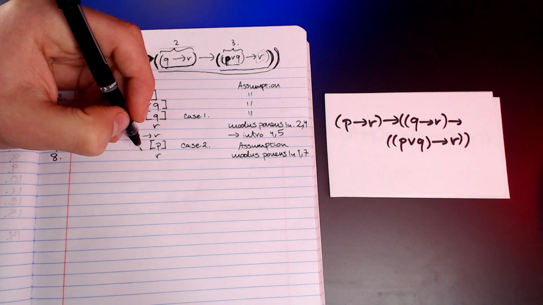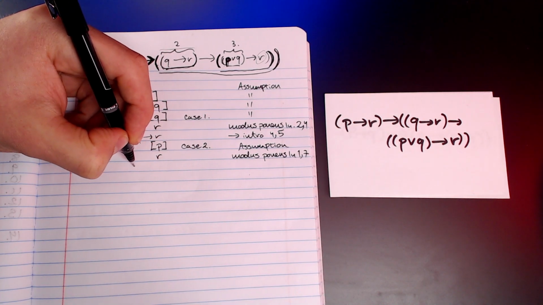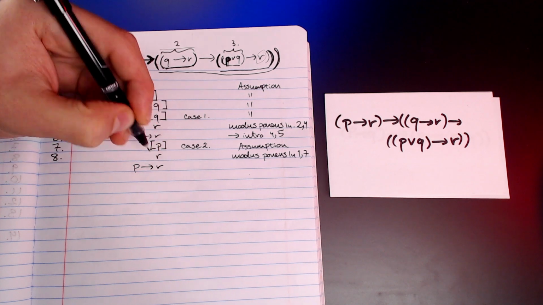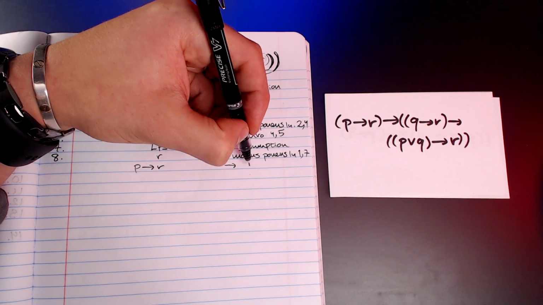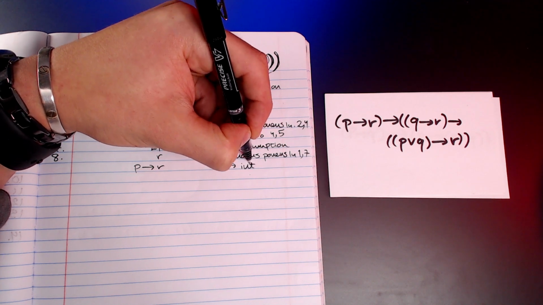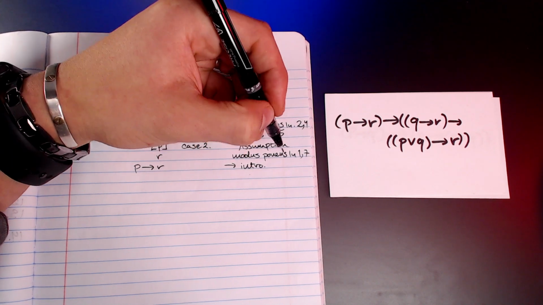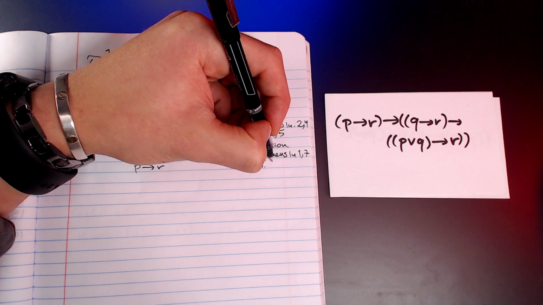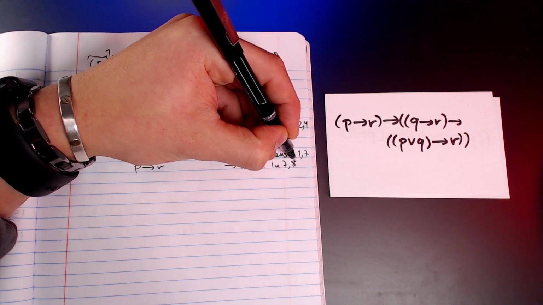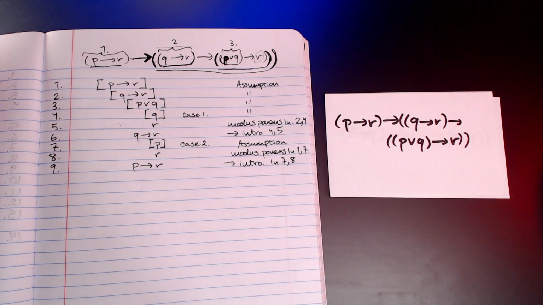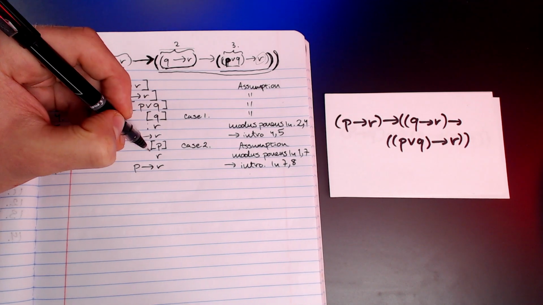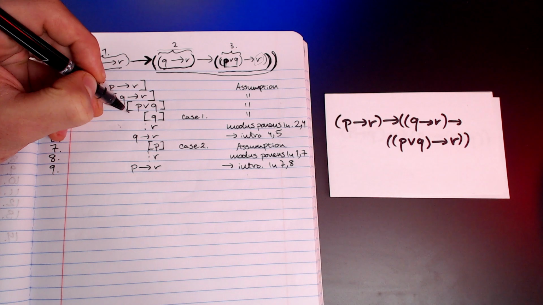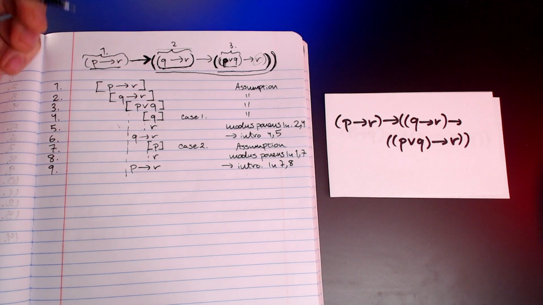Okay, so we know that if P were true, we can get to R. So this is and introduction, line 7 and 8. And then I like to make these little columns so I know exactly where I'm at.